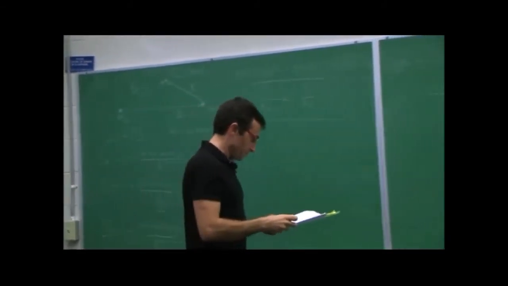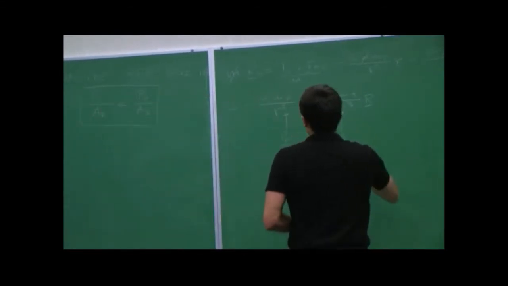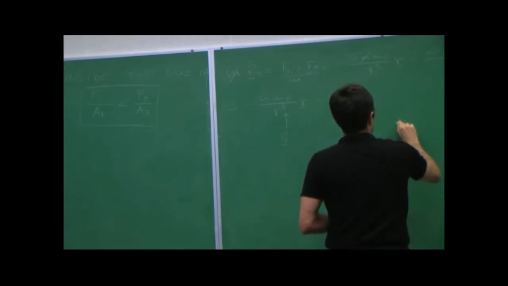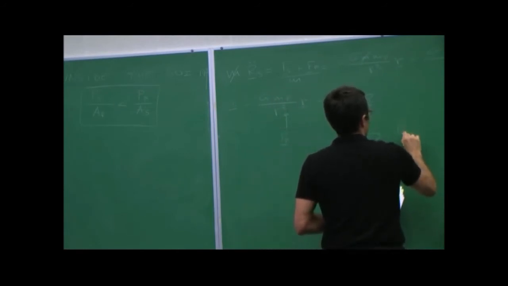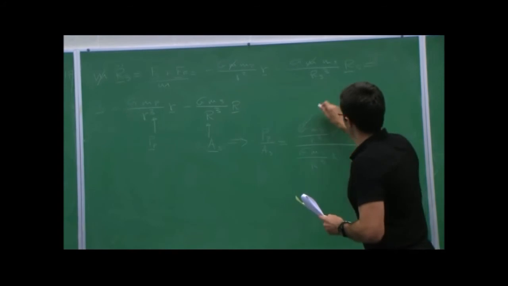Okay? And so I can do the P over A_S, and I'm going to copy it there in a second. So I'm just looking at the norms. P over A_S is G m planet over little r cubed r, which divides G m sun over big R cubed R. Simplify a few things here.